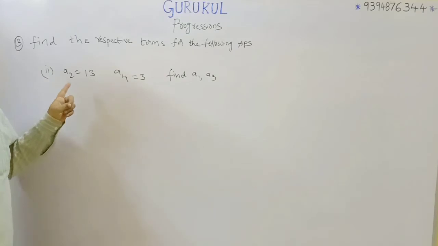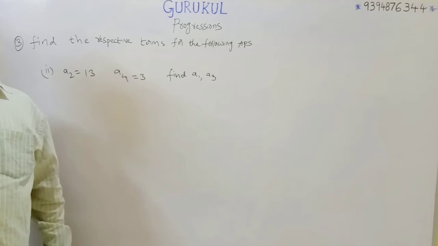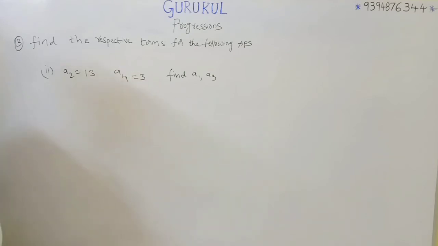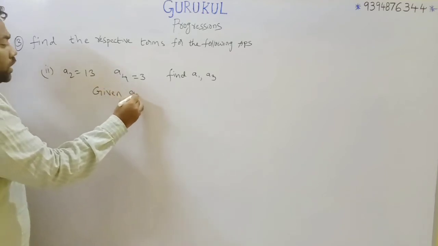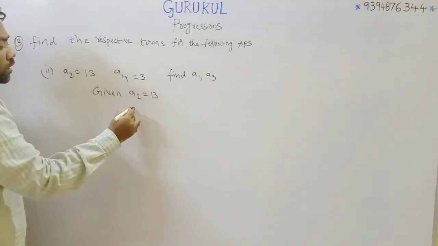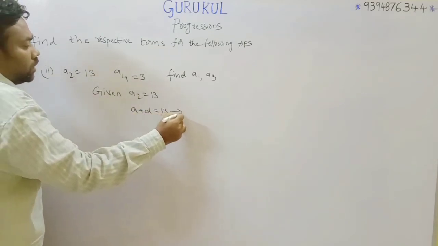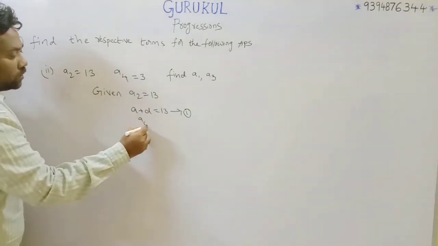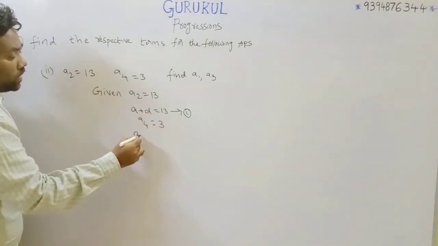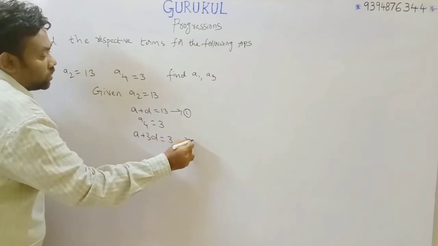Next question. A2 equals 13, A4 equals 3. Find A1 and A3. Given A2 equals 13, A2 value a plus d equals 13. This is equation 1. And again given A4 equals 3, A4 value a plus 3d equals 3. This is the second equation.